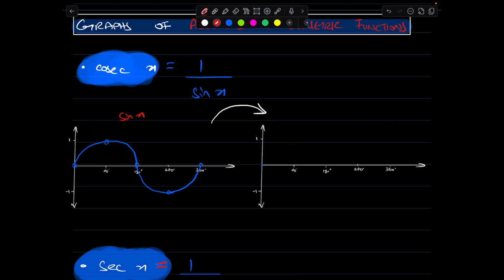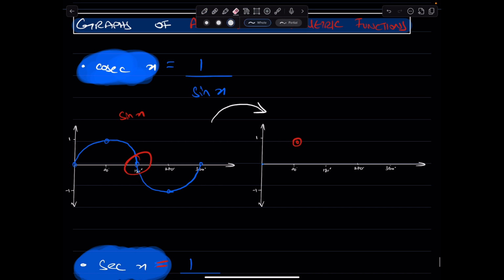And then we have sin x is equal to 1. 1 over 1 is equal to 1, and thus we have a point at 1 at 90. And moving on, at 180, we have sin x is equal to 0. So 1 over 0 is going to be infinity yet again.